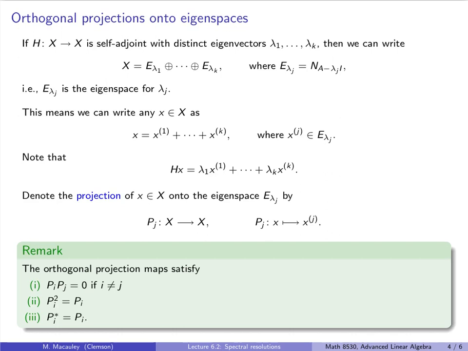It is worth noting and reminding ourselves that if we take any two of these orthogonal projection maps, Pi and Pj, and compose them, we get 0. Also, as with any orthogonal projection map, Pi squared equals Pi, and Pi is self-adjoint.